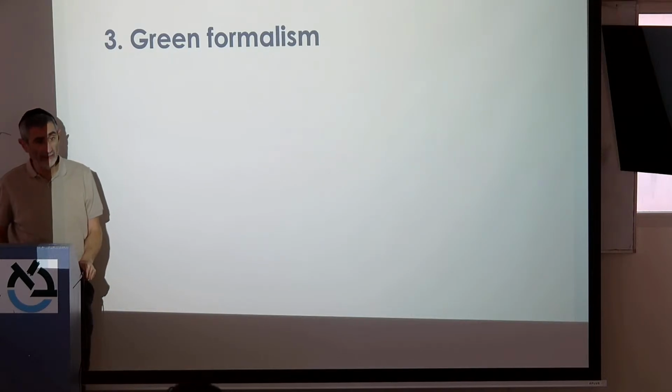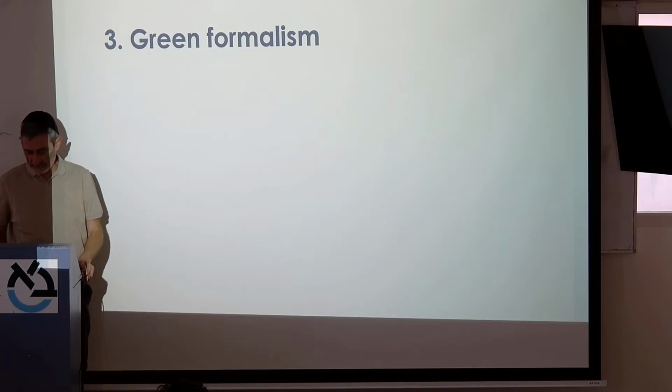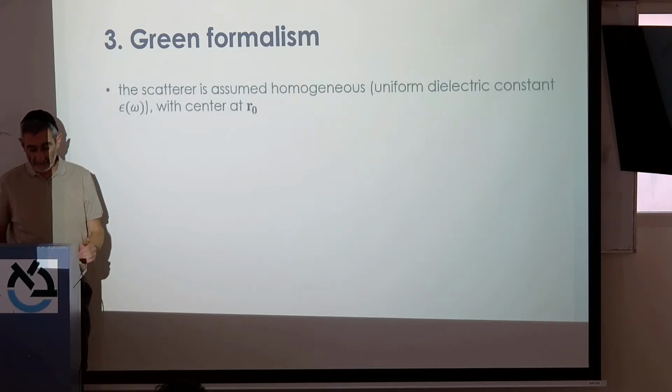Now with the Green formalism, we are going to take a big risk. We are going to be inside the scatterer and calculate the field inside the scatterer. So that's the next step, that's what we are going to gain here.